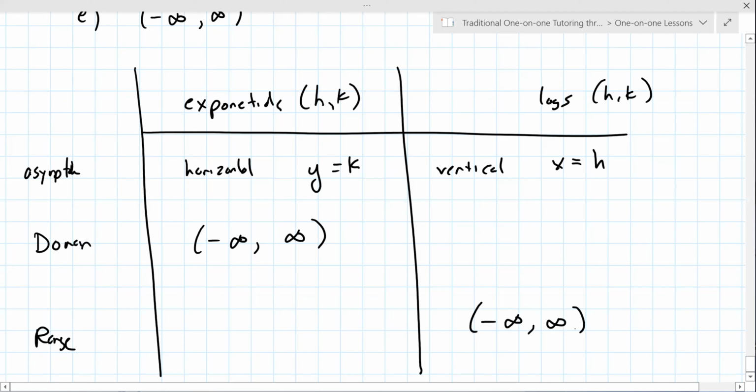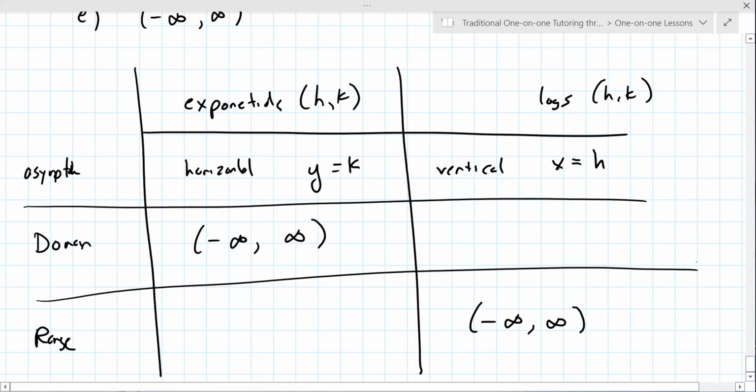The domain of the log and the range of the exponential are the ones that are a little bit more sophisticated, but we'll get to those next. So we'll go back to the log. The domain of the log in your problems was h to infinity. The range in your exponentials was k to infinity.